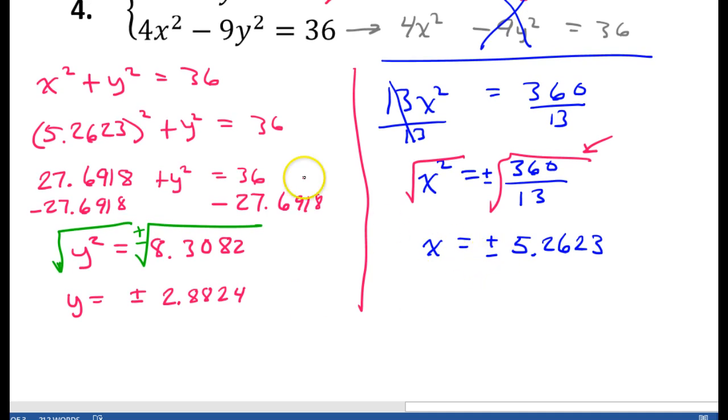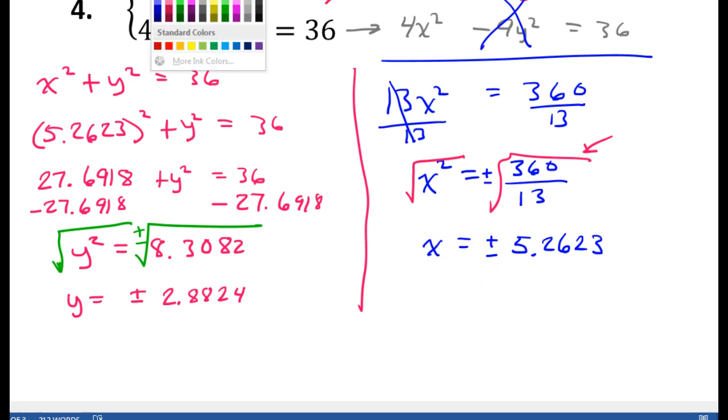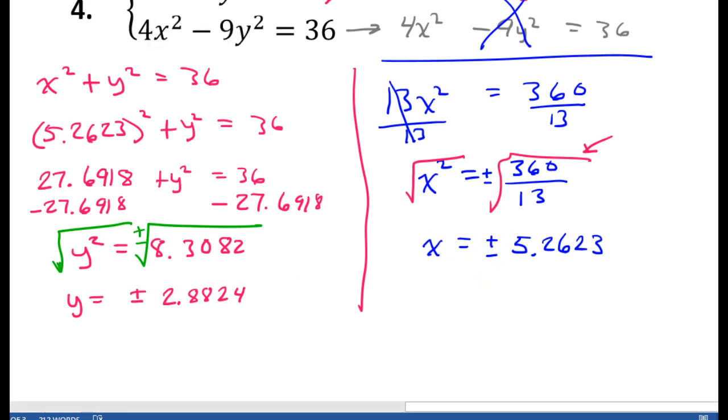Okay, so I'm going to begin to write down my final answers now. I just used a positive x value, so that was 5.2623, and now I'm going to round to 2 decimal places. So that was 5.26, comma, and I have these two y values.